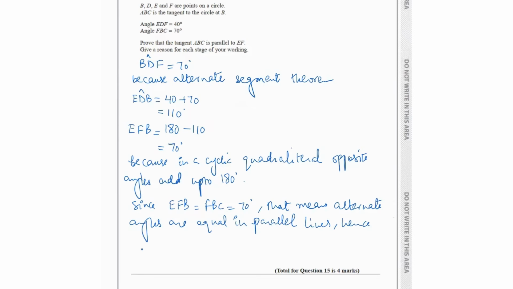Hence, the tangent is parallel to EF. That's proven. So these are your steps and the reasons that justify each of these steps.